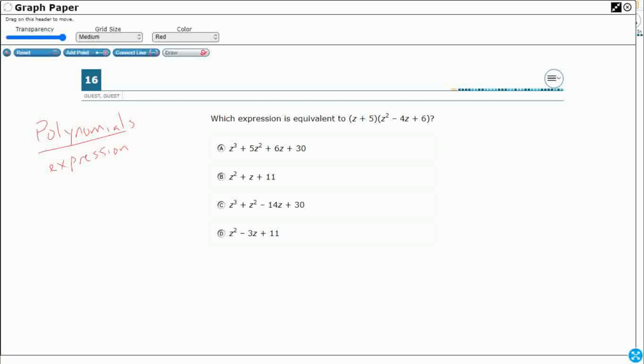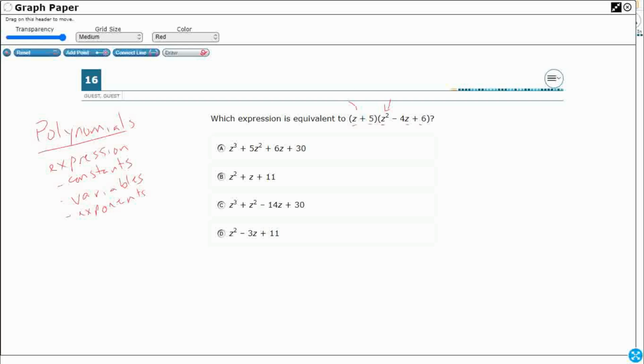So we've got constants, right? So that's going to be your 5, your 6. We've got variables, right? So I've got a z. And then also sometimes you get exponents. So this z squared is actually kind of different. We're going to treat that differently because you've got that z squared.